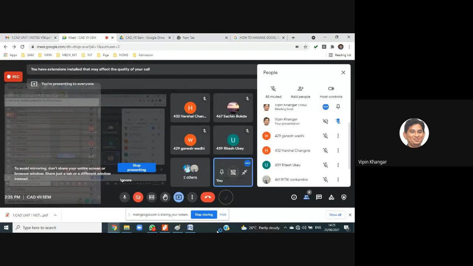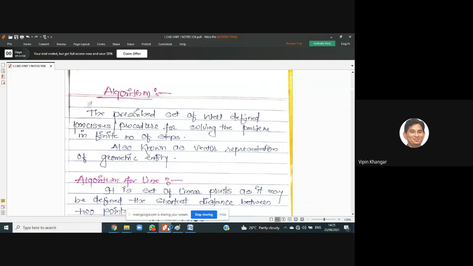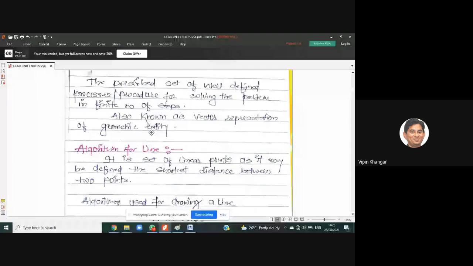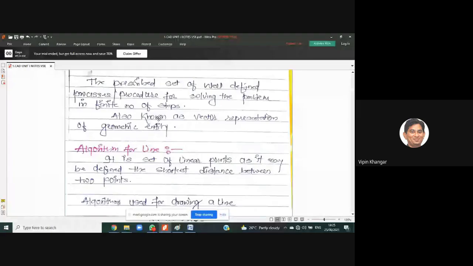Okay. So coming back to our topic, the algorithm of line. When you talk about the algorithm of line, it is a set of linear points that defines the shortest distance between the 2 points.